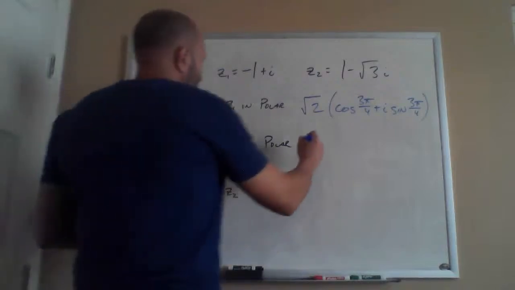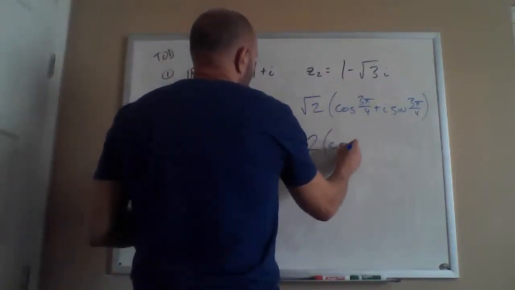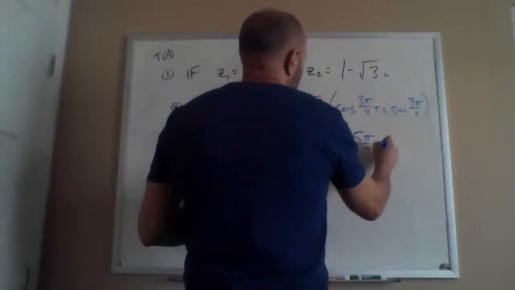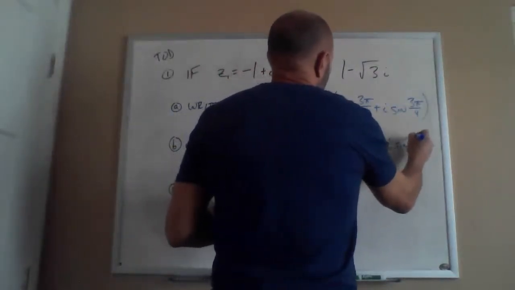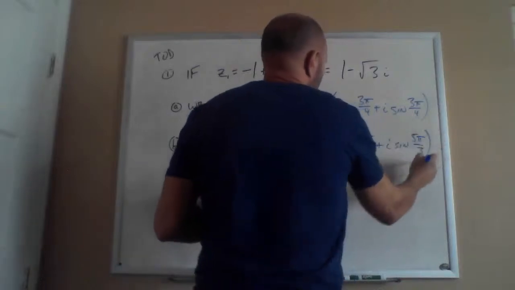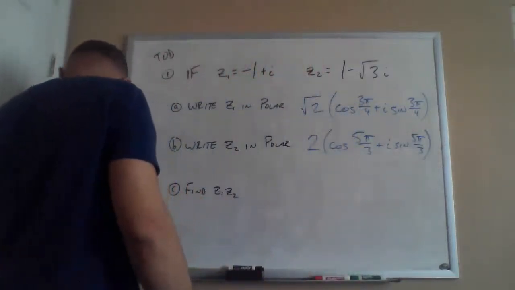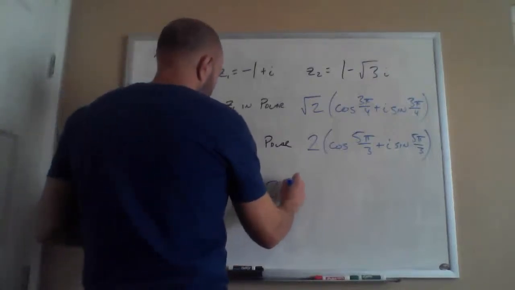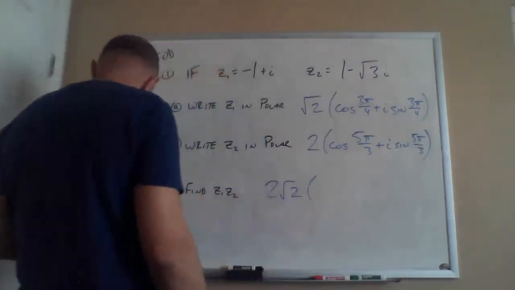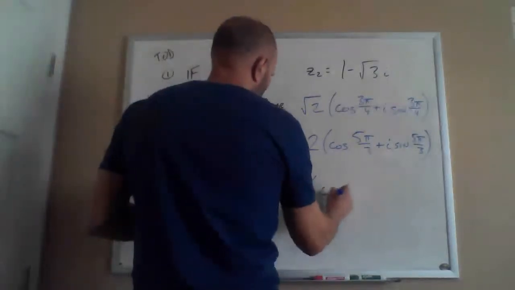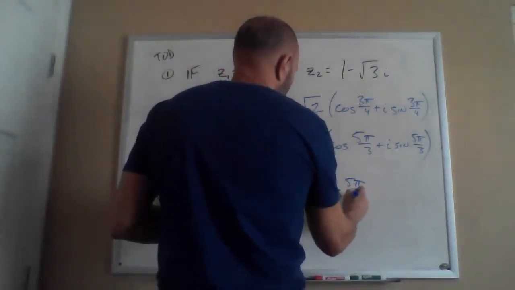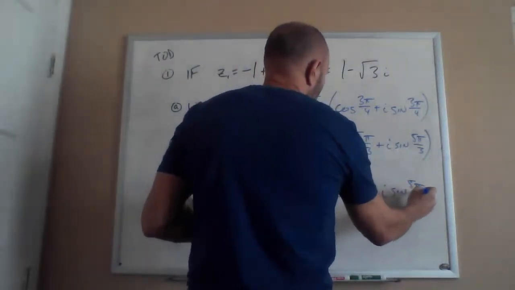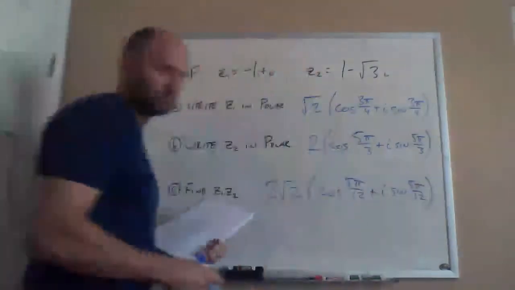Z2 is 2 cosine 5 pi over 3 plus i sine of 5 pi over 3. And Z1 times Z2 should end up, after you're done simplifying, 2 root 2 times cosine of 5 pi over 12 plus i sine of 5 pi over 12.